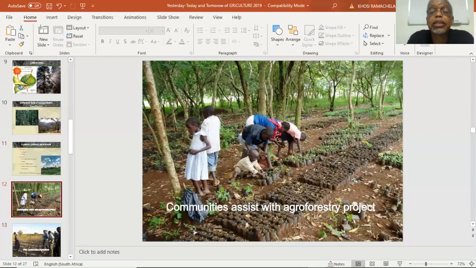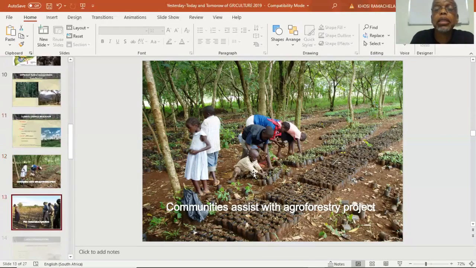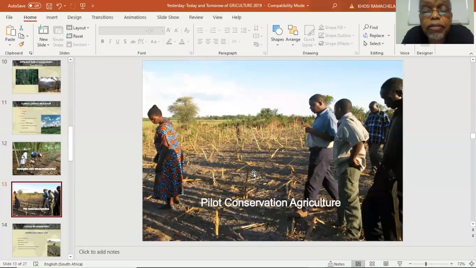Okay, this is just a depiction of communities participating in agroforestry activities. These pictures were taken in Zambia. Then the aspect of changing our agricultural systems to reduce emissions and promote sequestration of carbon.